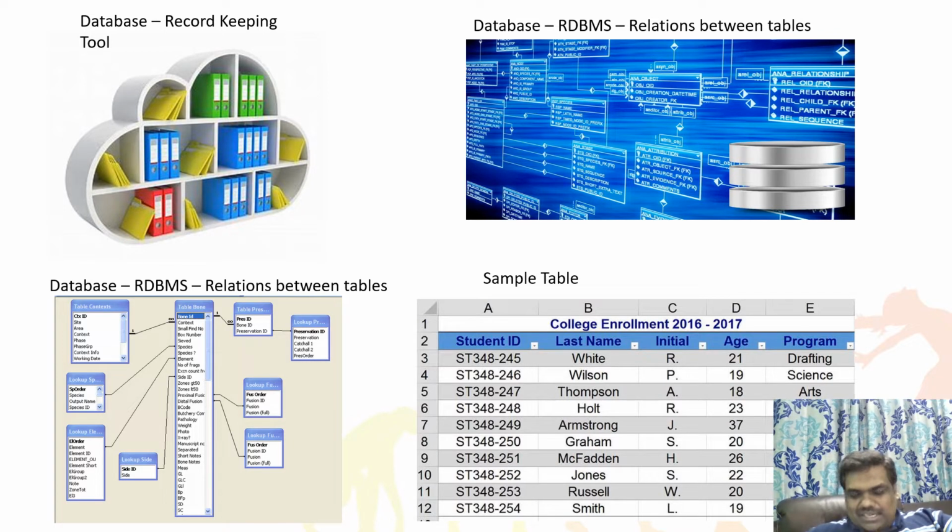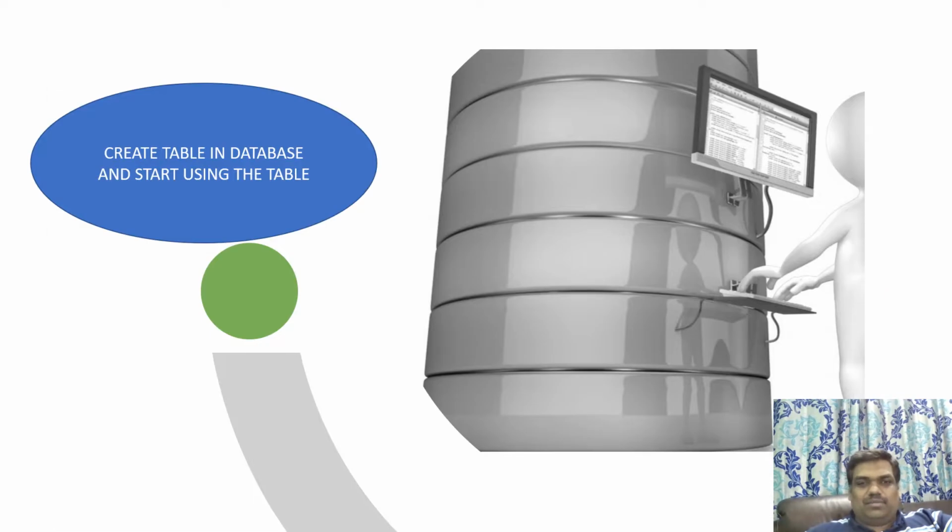Column is the common information like student ID or age. Row is the number of entities, number of persons in this class, number of persons in the other table, something like that. So this is the basic concept of database, with the relations what we are talking about.